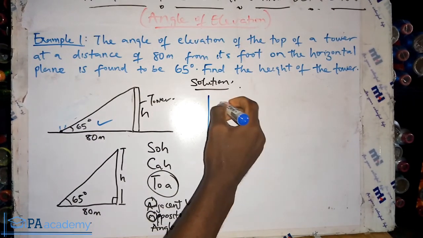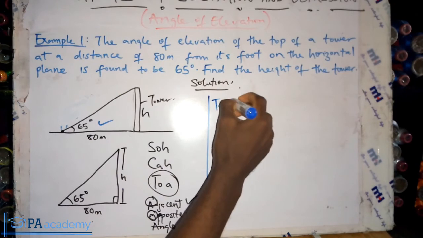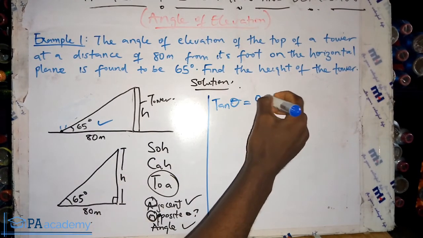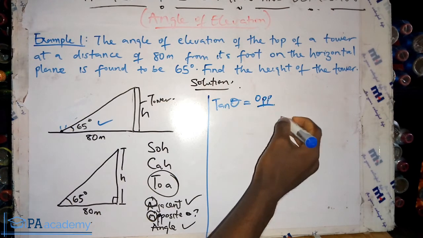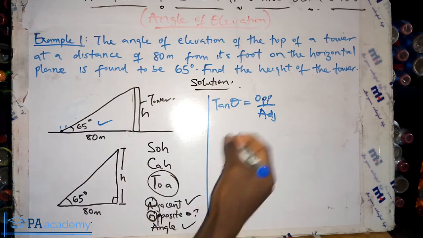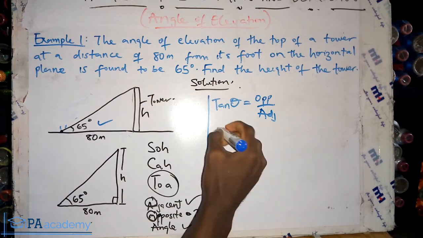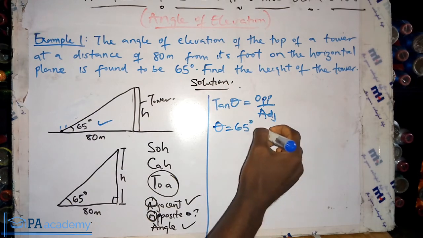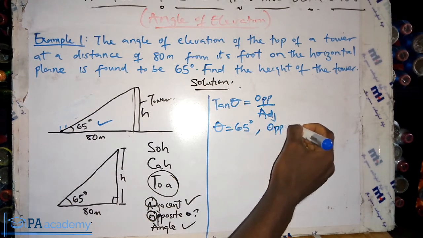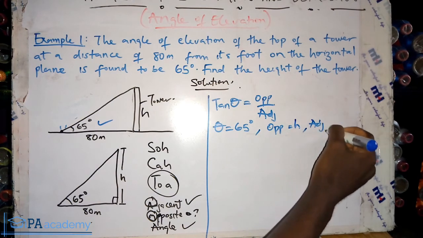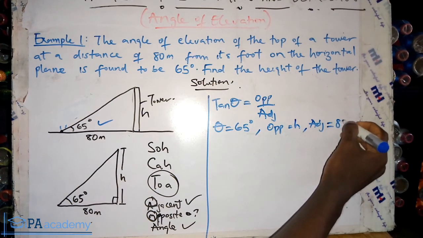In applying that, tan theta is equal to opposite over adjacent. Our theta is 65 degrees, our opposite is h, that's the height, and our adjacent is 80 meters.